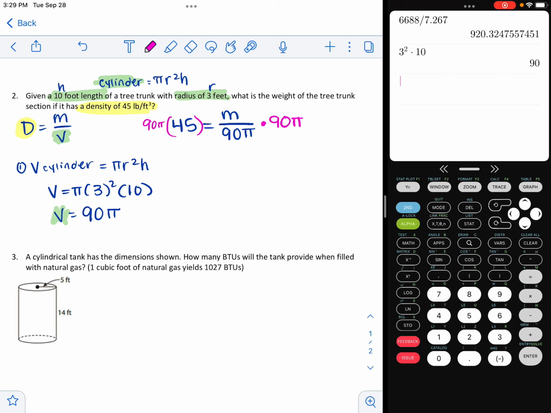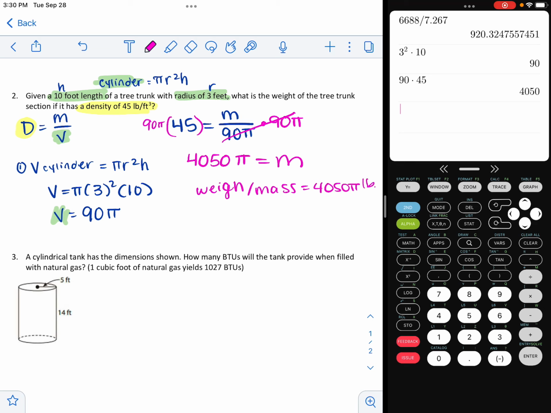In my calculator, I'm going to plug in just 90 times 45. So we got 4,050, and I'm just going to bring the pi down. The 90 pi's cancel over there, and we get m. So we have found that the weight, or mass, is 4,050 pi, and our weight was in pounds.